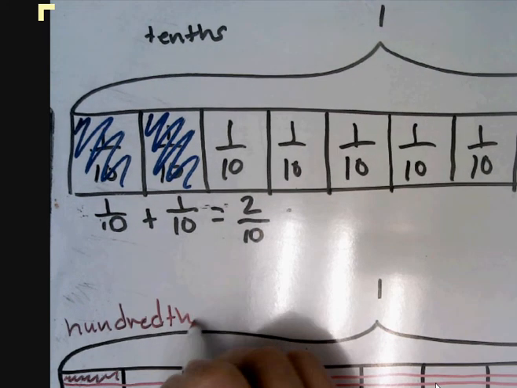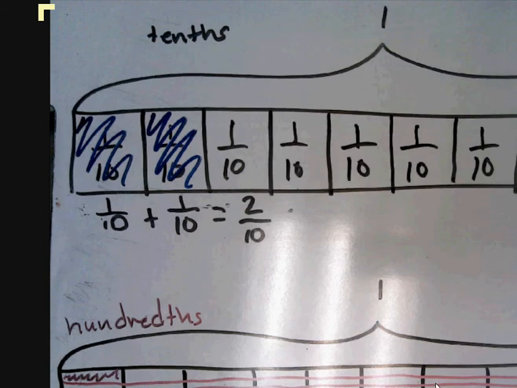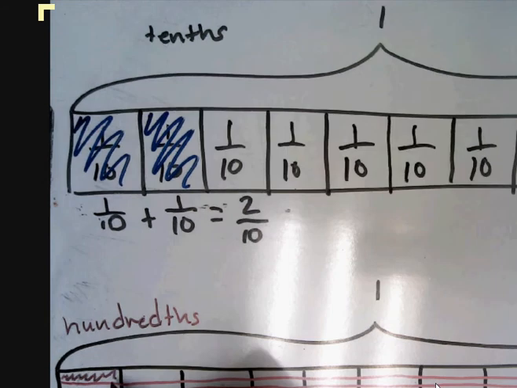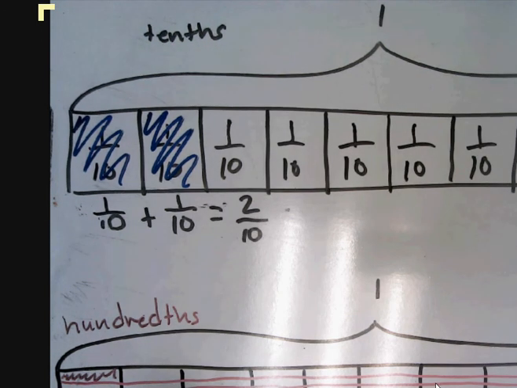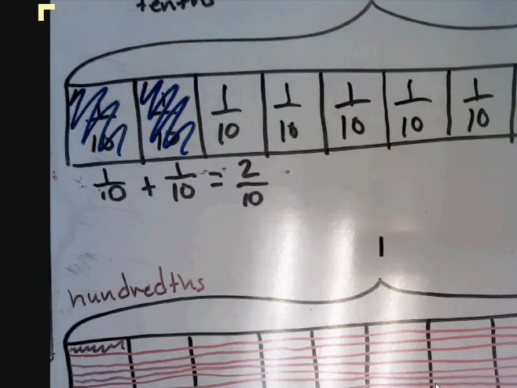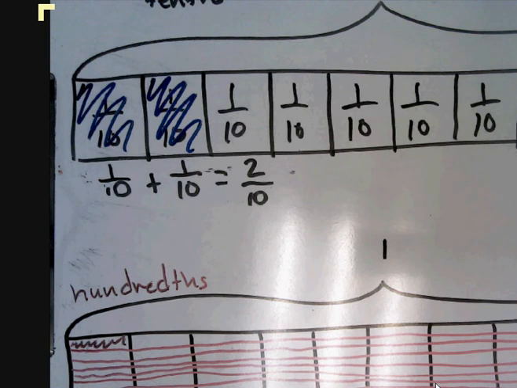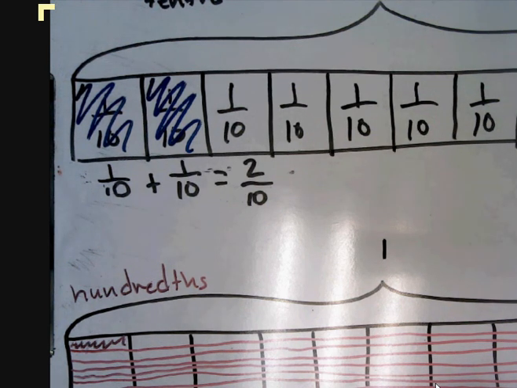hundredths, because if I counted all this, I would get to 100 parts. If I go 1, 2, 3, 4, 5, 6, 7, 8, 9, 10. Oh, here's another 10. So 10, 20, and if I'm counting them correctly, I'm using my units, 10 hundredths, 20 hundredths, 30 hundredths, 40 hundredths, 50 hundredths, 60 hundredths.